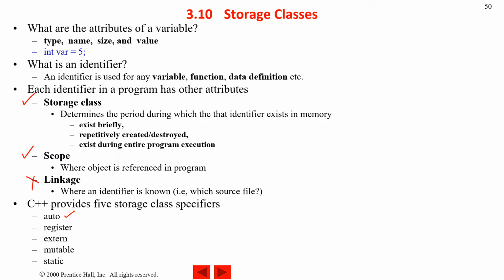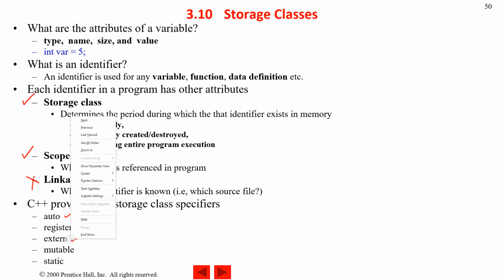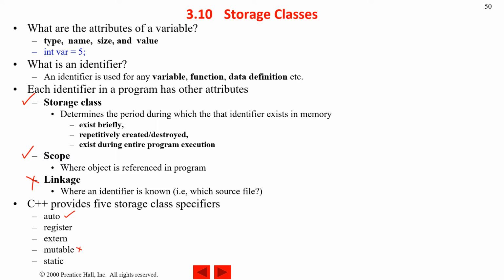The extern variable is something that we use only sometimes. This is called a global variable. It's a variable that is defined outside of main. It is accessible everywhere. Mutable, we are not going to look into. So extern is a global variable.